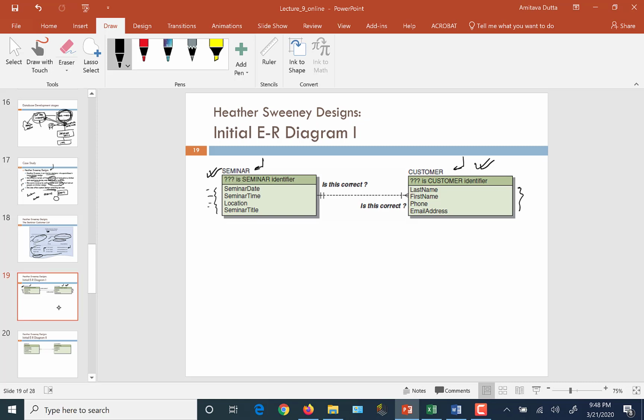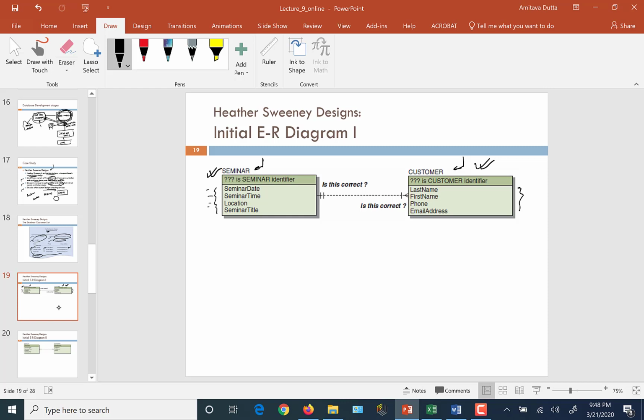After all, Heather Sweeney is not a database expert or a database specialist. You don't expect her to know what an attribute is or what an entity is. You, as the database designer, would need to look at the information she gives you about how her business runs and the various documents and reports that are used in the business, and you have to figure out what the entities are and what the attributes are that you would need to structure in the database itself.